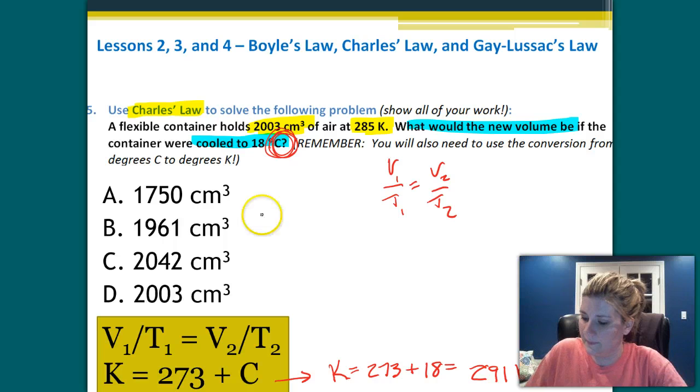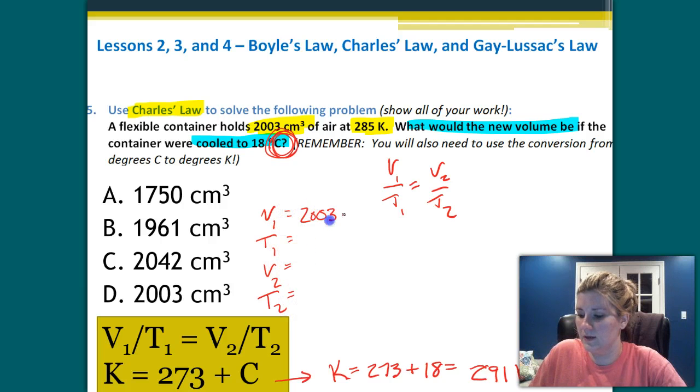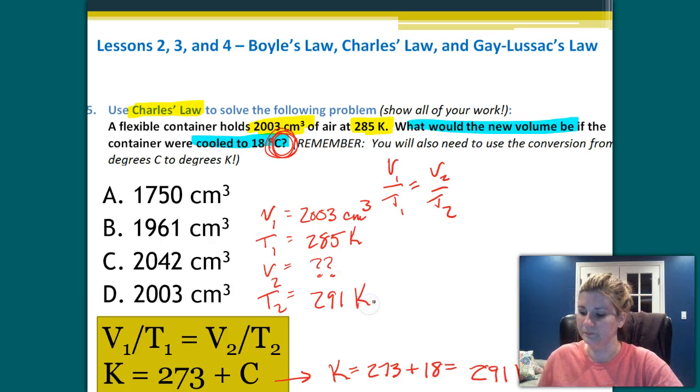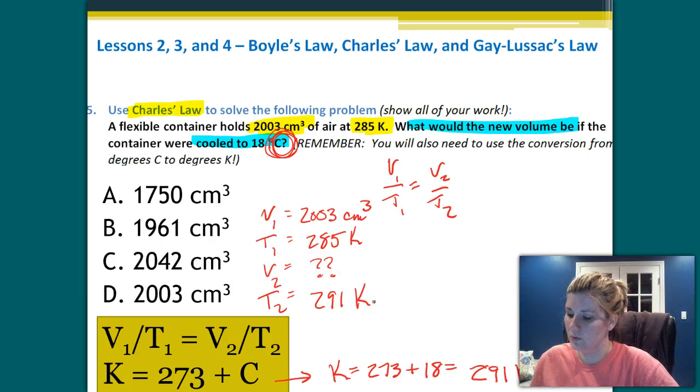So looking at V1, T1, V2, and T2, our first volume is 203 cubic centimeters. Our first temperature is 285 K. We don't know our second volume yet. Our second temperature, we solved for 291. It said it cooled. That has to be wrong.